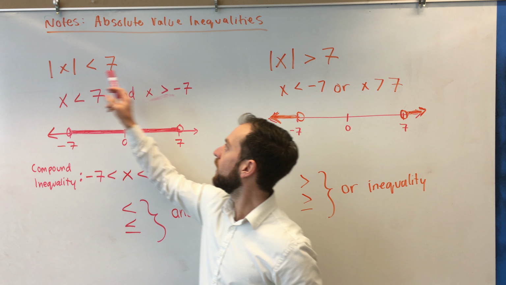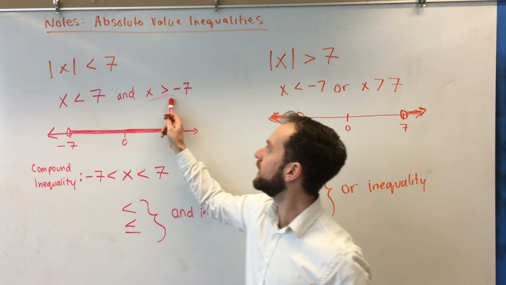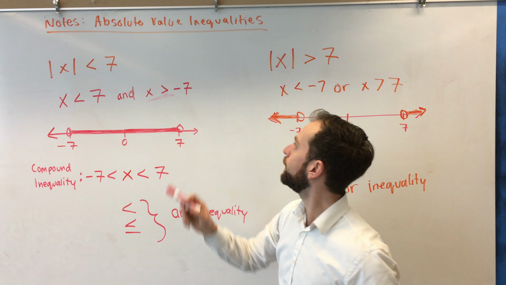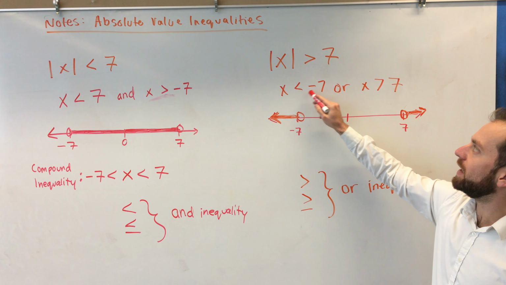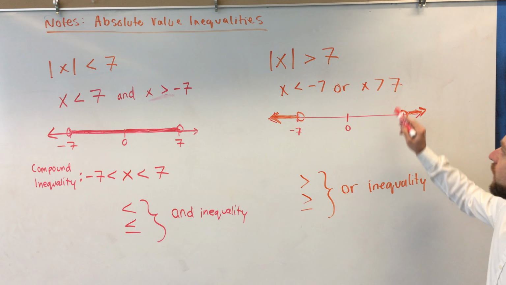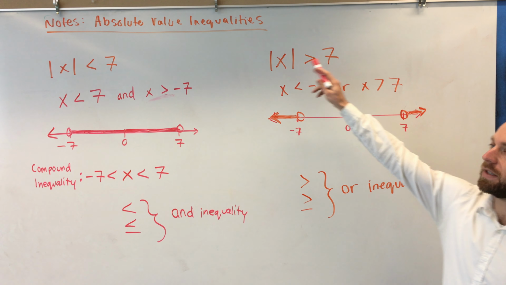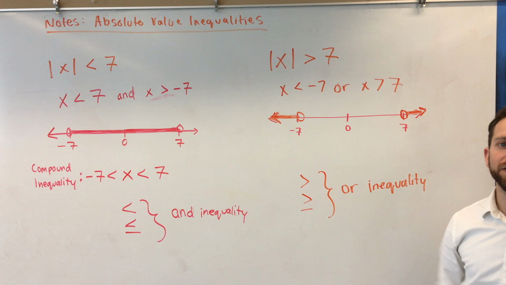And this one is the same but flipped. So the sign flips as well as the negative sign. Similarly here, you have x is less than negative 7, so both the sign and the negative sign flip. And here, everything stays the same. So you're really solving two things, the positive side and the negative side.